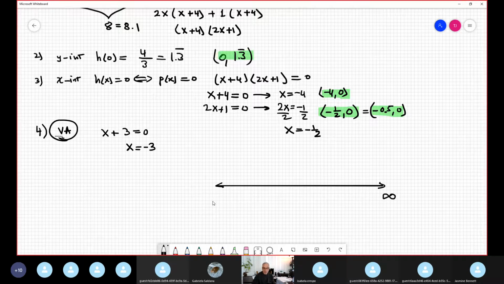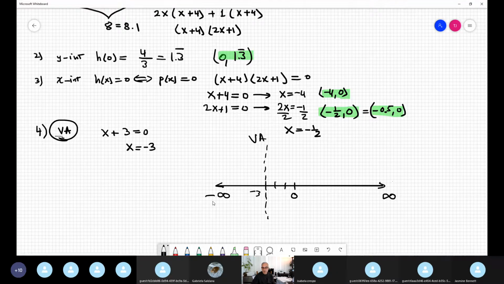Remember, infinity, negative infinity. There's a 0 in the middle, negative 1, negative 2, negative 3. And at negative 3, we have 1 vertical asymptote, only 1. We also have the partition of the x-axis.